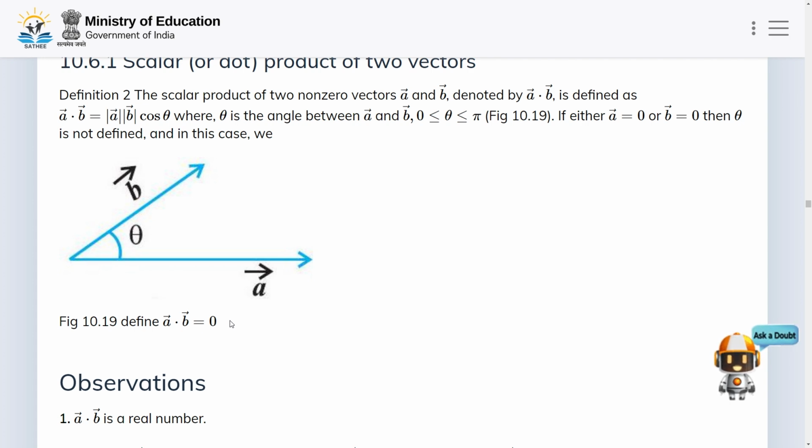I hope it is clear to you. The visual representation is like this: this is your a vector direction, this is your b vector direction, and in between you have an angle theta.